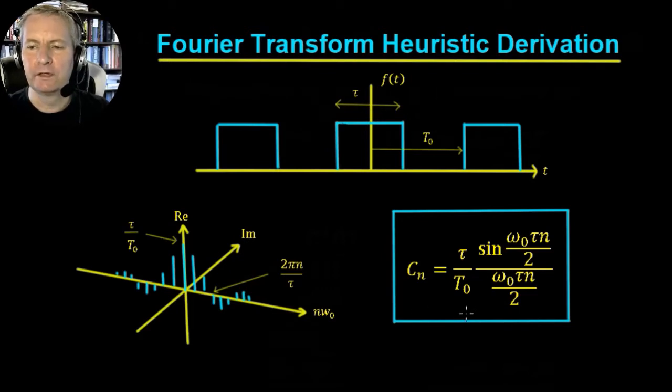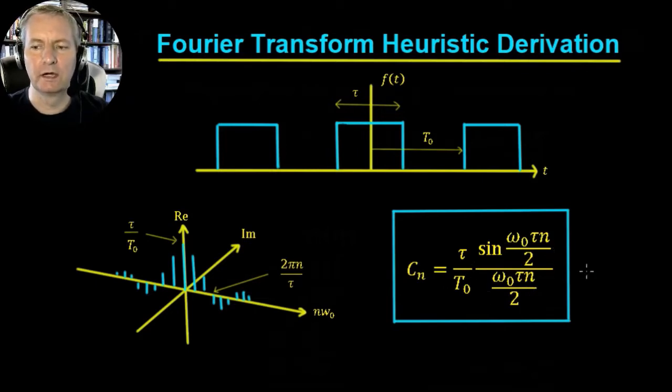We went through the derivation and found that the values of Cn, which are the heights of these phasors, are given by this sinc function: tau upon T0 times the sine of omega naught tau n upon 2, all upon omega naught tau n upon 2. So that's sin x over x, which is the sinc function.